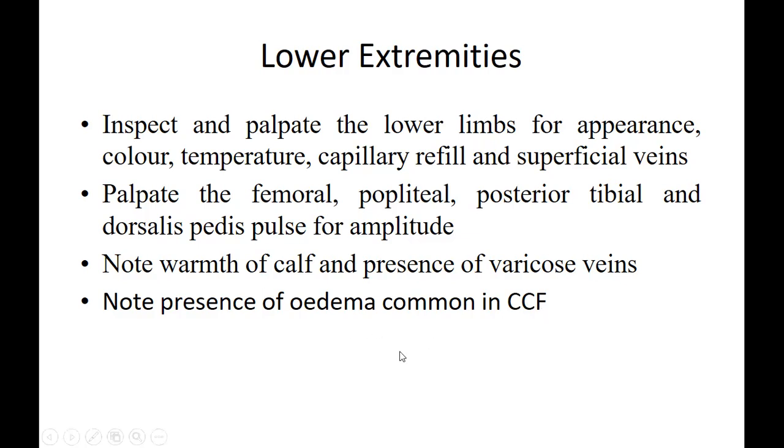To check for pedoedema, you just apply pressure with your thumbs. You can apply pressure on the dorsum of the foot, or just around the ankle, for about 3 seconds. Then you release.